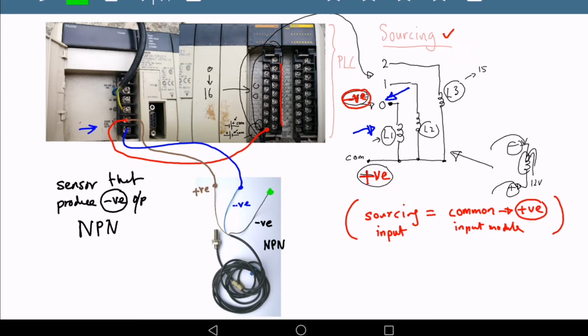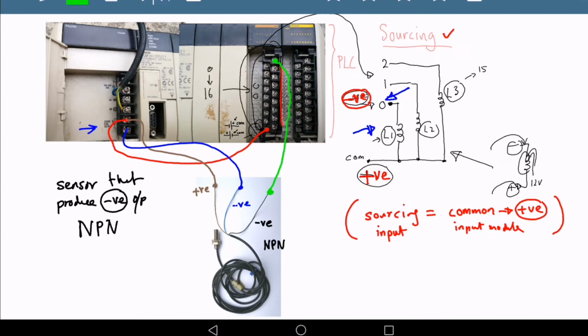The green color is for the negative. We terminate this negative output of the sensor to any terminal on our input module. Why any? It depends on your program.